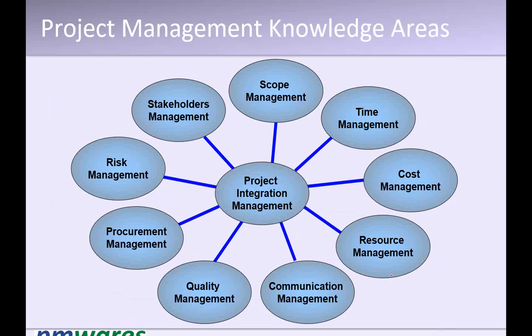Now on one side we have process groups, and on the other side the same 47 processes are grouped under 10 knowledge areas. So there are processes related to integration management, scope management, time management, cost, resource, communication, quality, procurement, risk.